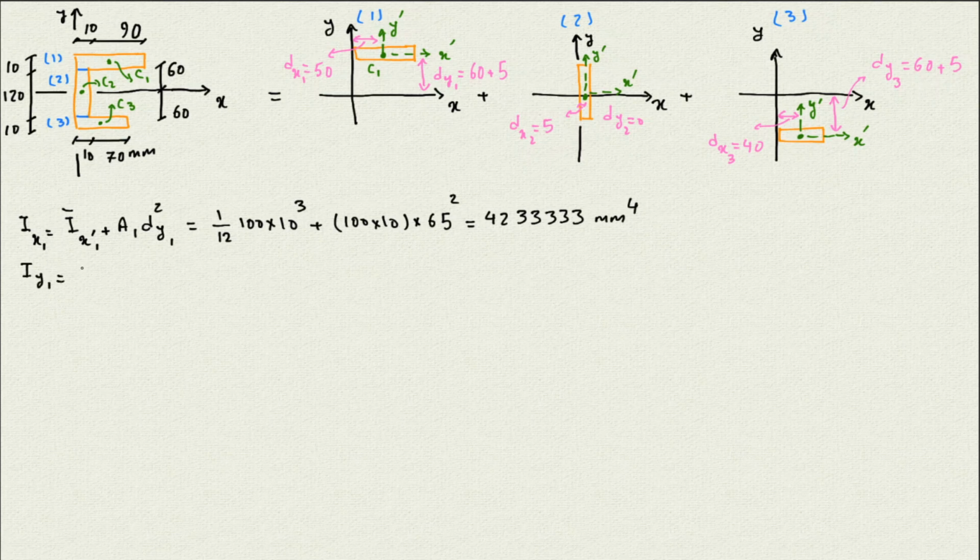I for the first section is the moment of inertia about its centroid plus its area times d sub x1 squared.